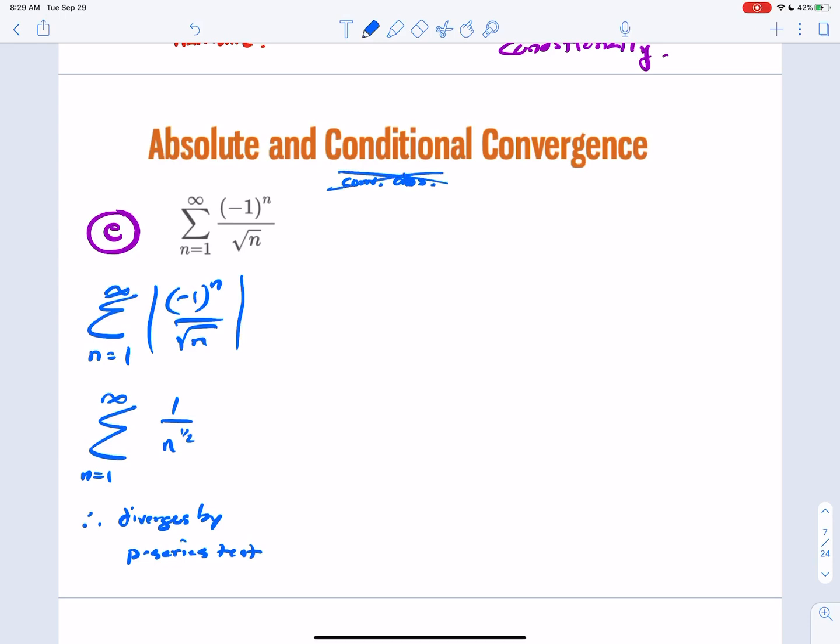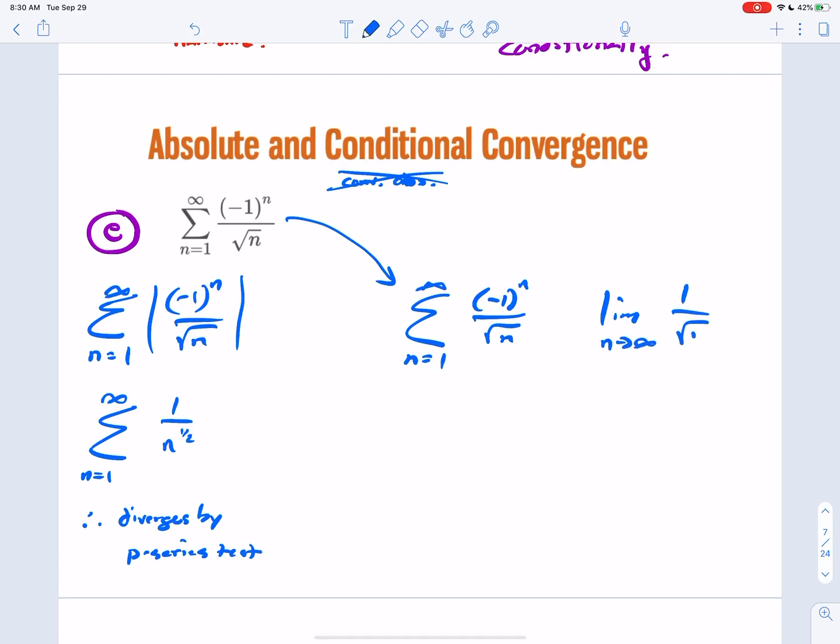So now we're going to check for conditional convergence, which is just the original series that we started with. Okay, here I notice there's an alternating piece, so I'm going to definitely run the alternating series test. I'm going to take the limit as n goes to infinity of everything except that alternating piece.